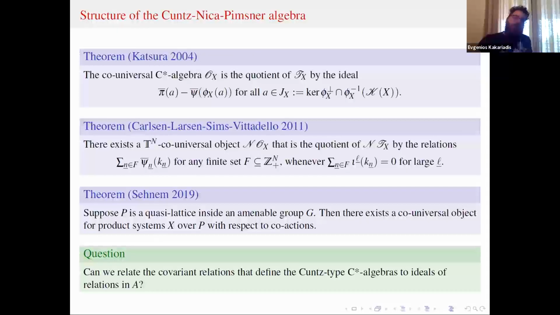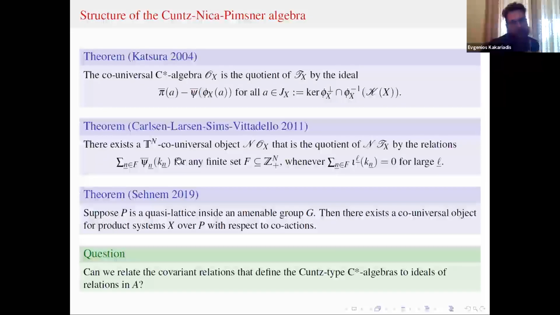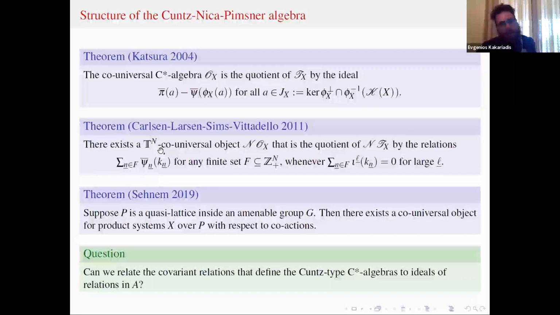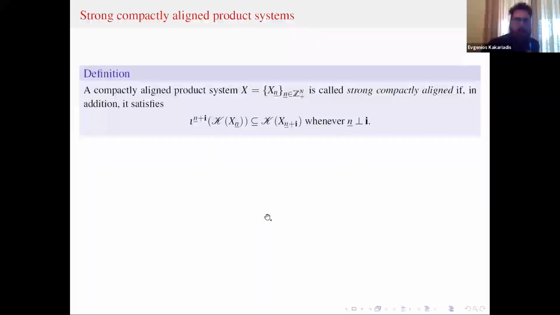Unfortunately, you cannot do it for all product systems, but you can do it for a bunch of them. So with Adam Dor-On, we took a look at what we call the strong compactly aligned product systems. These product systems have the additional property that whenever you have a compact operator and you induce it to something that adds one orthogonal fiber, you are still in the compacts.